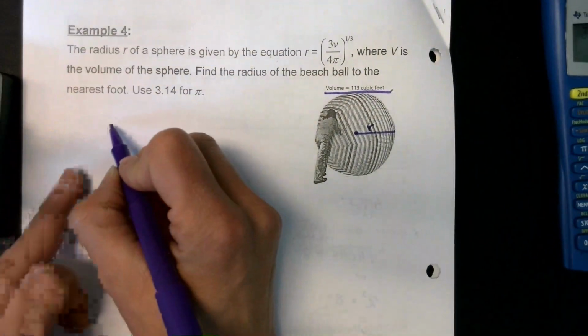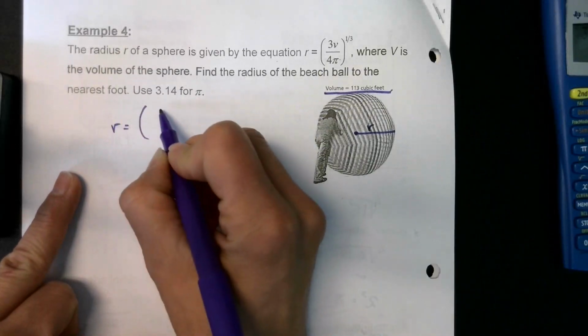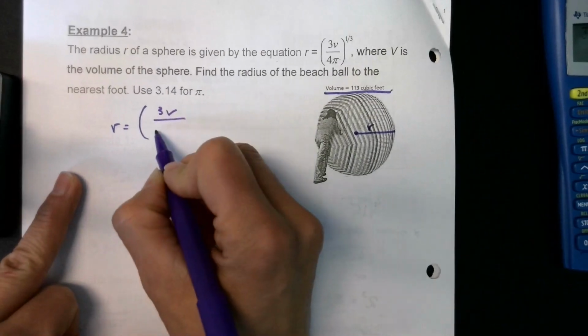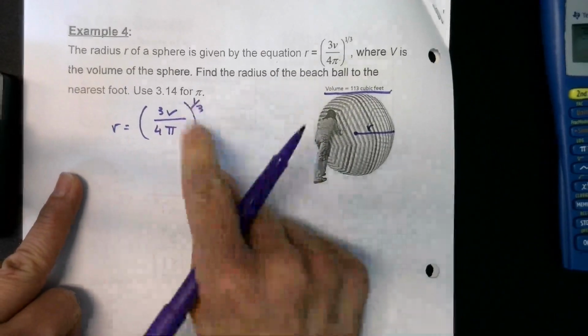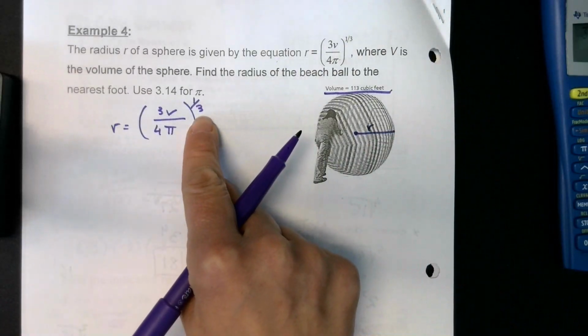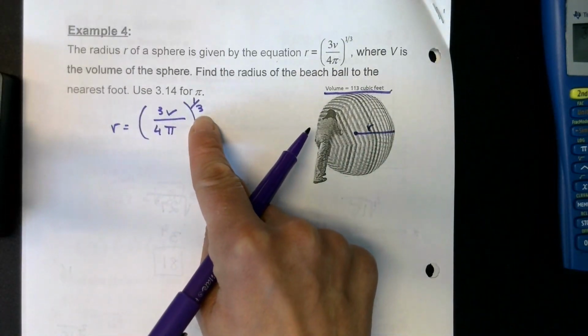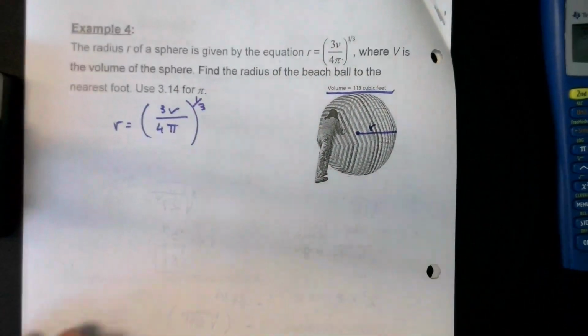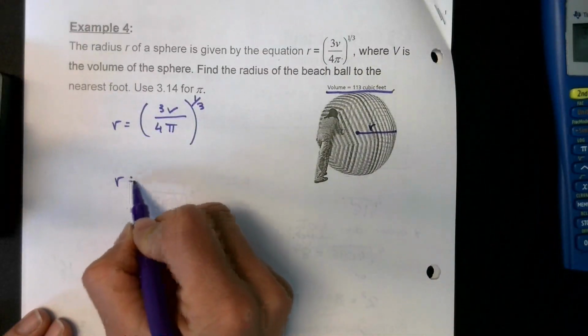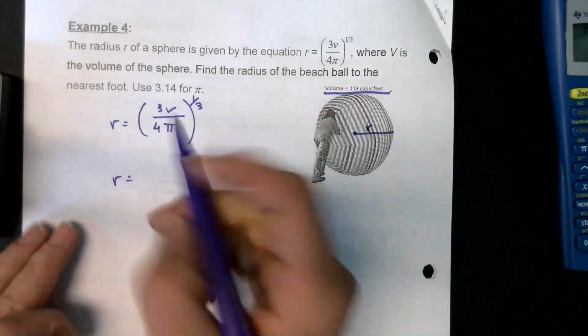So I'm going to copy this first before I plug in all the things that we know. So 1/3. Now, when you see a fraction, you should be able to connect, oh, this has to do something with roots, because you can rewrite a fractional exponent as a root. So let's plug in what we know. We know what the volume is.